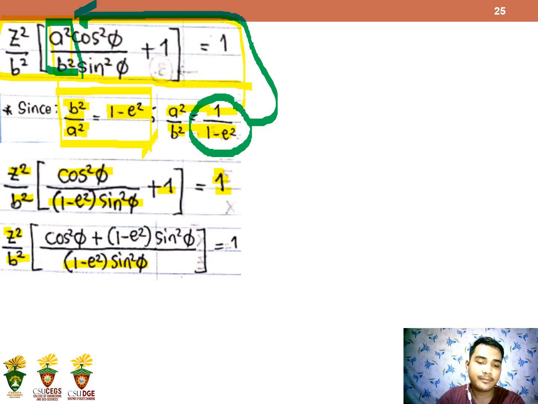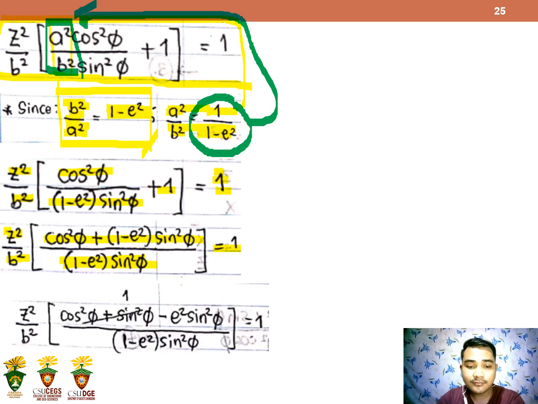Therefore the denominator is 1 minus e squared sine squared geodetic latitude. For the numerator, we have cosine squared geodetic latitude plus 1 minus e squared sine squared geodetic latitude, and that is also equal to 1.